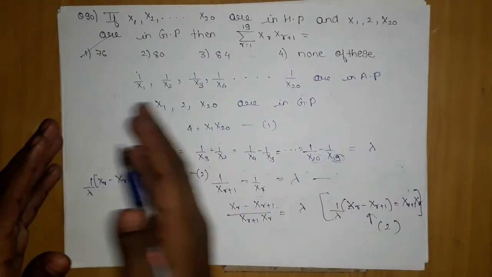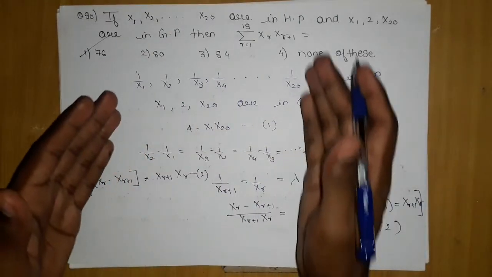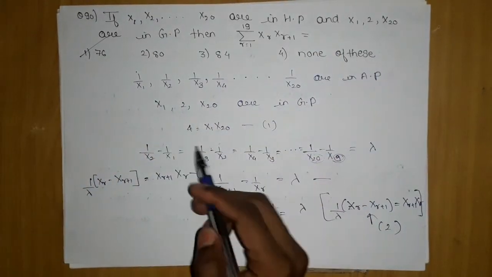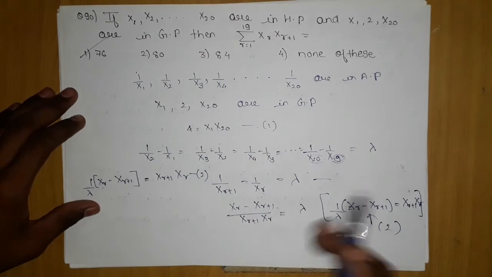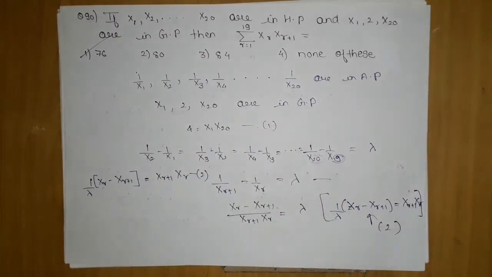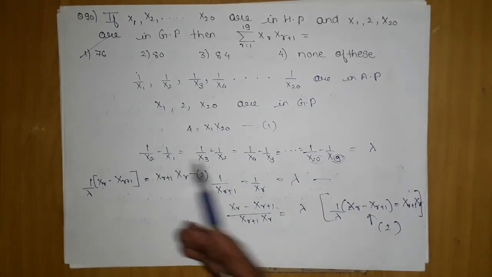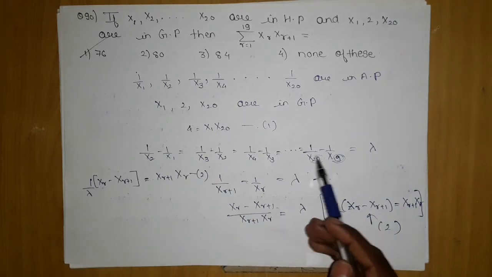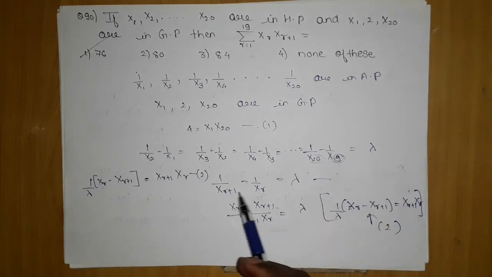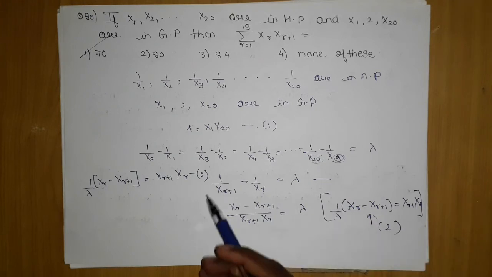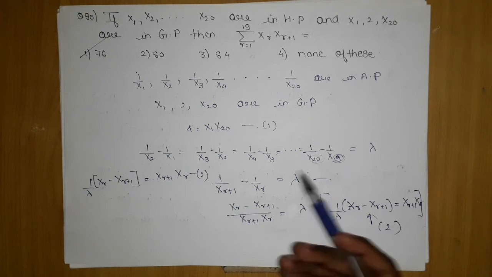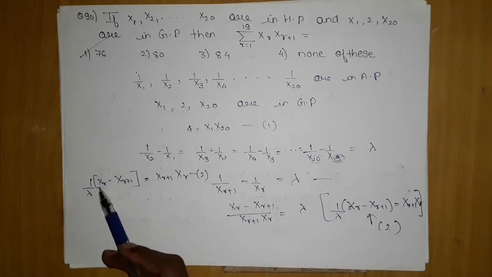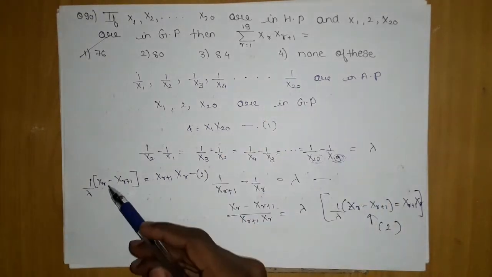Now let's recap. First we converted them into AP, second we applied the GP condition which was given and got one equation. Then we know the difference between the terms in AP is constant, that is the common difference. Then we came to know that the highest term minus the smallest term equals lambda. Then it will be true for a general term, that is 1 upon xr plus 1 minus 1 upon xr equals lambda. After cross multiplying we got a relation, so we can replace this with this.